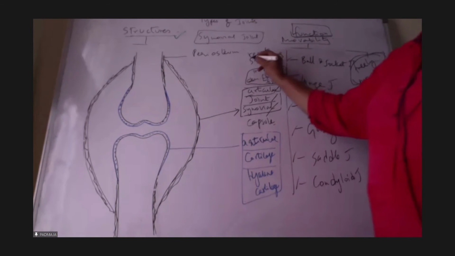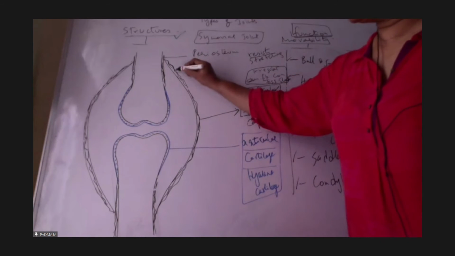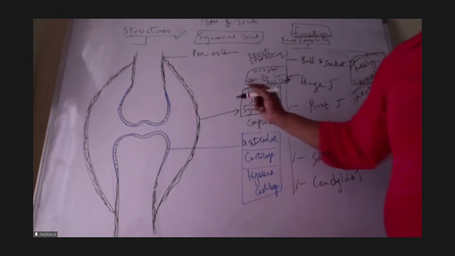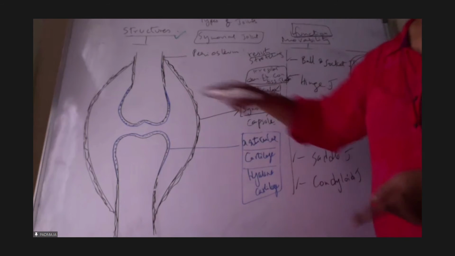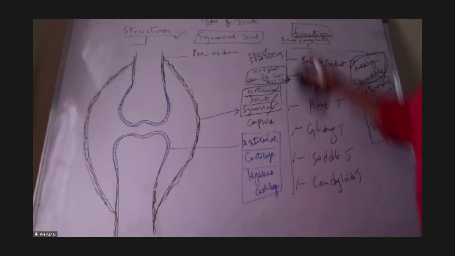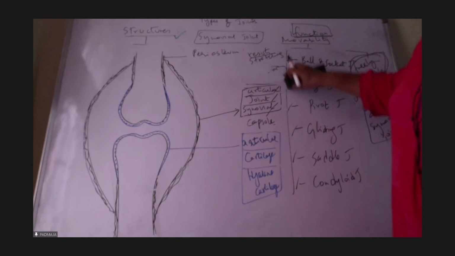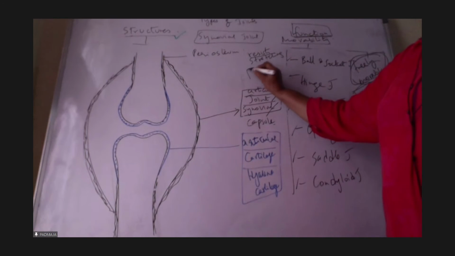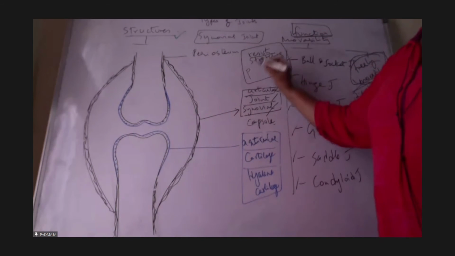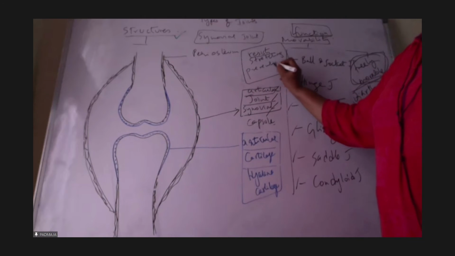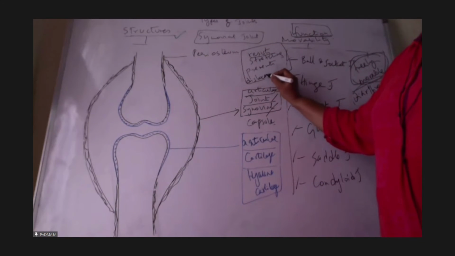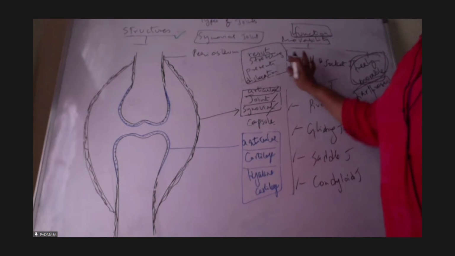So this irregular dense fibrous connective tissue sheath resists stretching and prevents dislocation of bones near the joint. These two points are important.